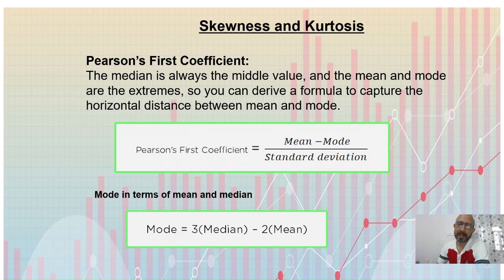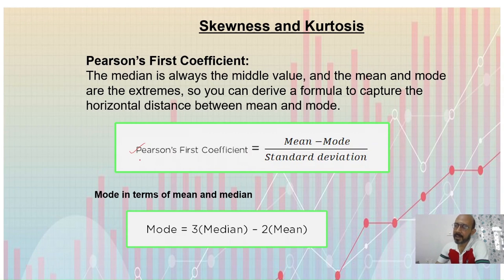Pearson's first coefficient. The median is always the middle value, and the mean and mode are the extremes. So you can derive a formula to capture the horizontal distance between mean and mode. Pearson's first coefficient equals mean minus mode, divided by standard deviation.